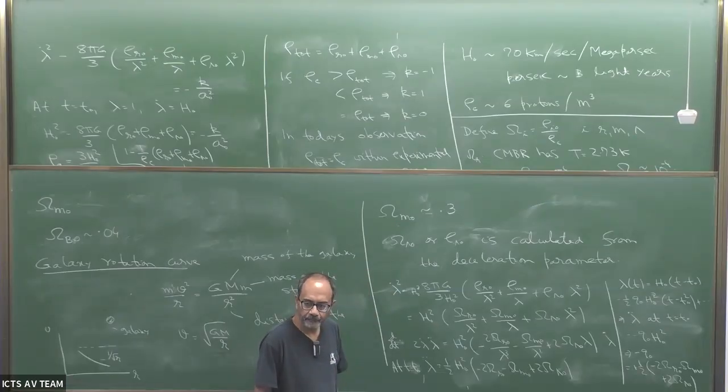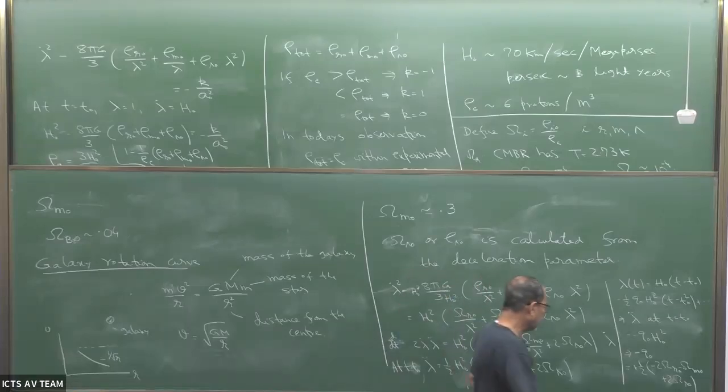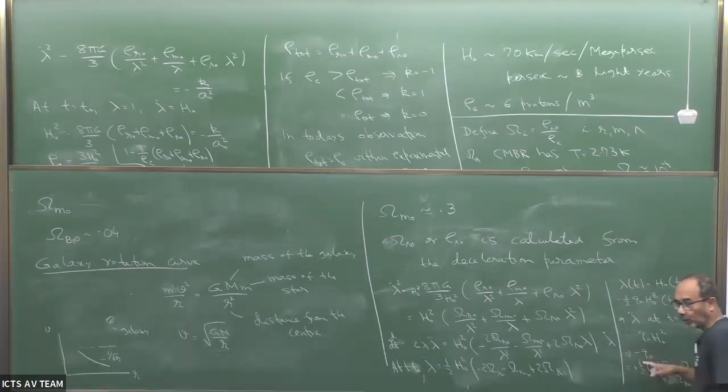Okay. So now we discussed last time how to measure q naught, right? From this distance redshift relation. Okay. This is known, this is known. Right? So this determines omega lambda naught.